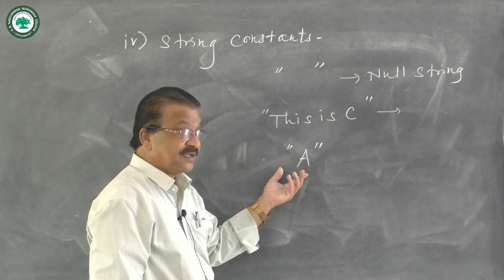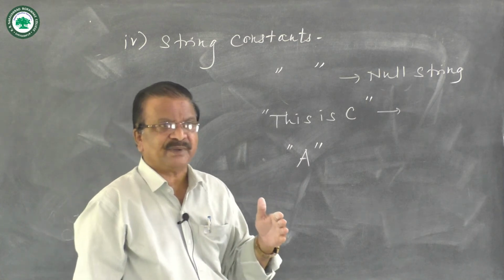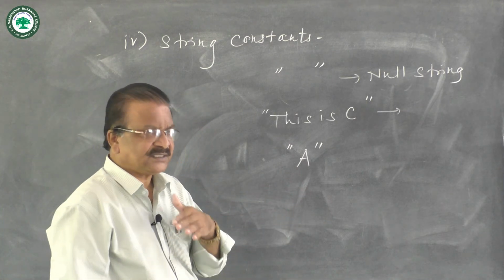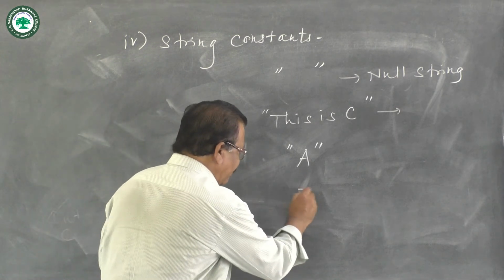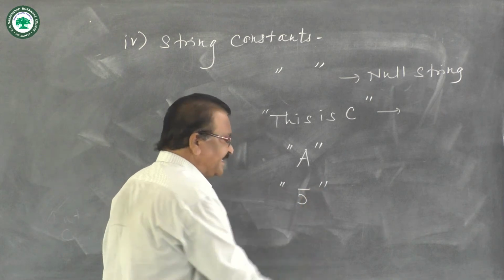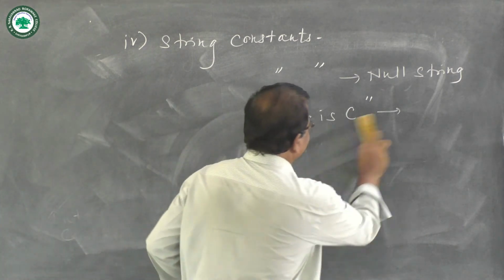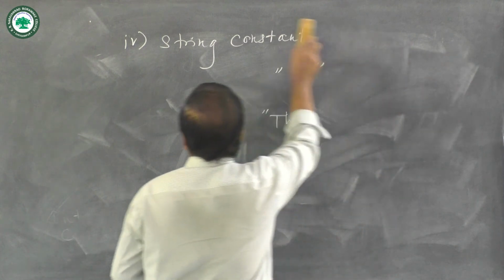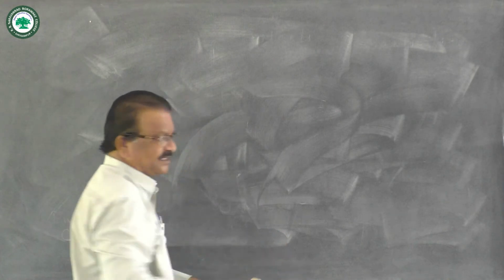It is not a single character constant. Single character constants are characterized by single quotes, and string constants are characterized by double quotes. 5 surrounded by double quotes is a string constant. So this is all about constants in C.